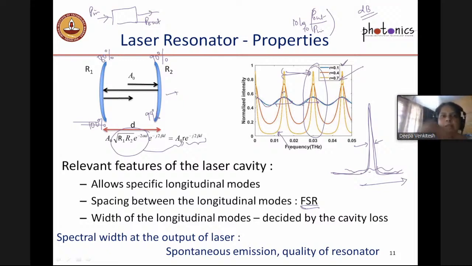Now the Neper is where you can write P out equals P in times e to the power minus 2g times d, where d is the length of whatever that medium is. So this exponent should not have any unit, right? But this distance has a unit of centimeter, so the unit of g, gain or loss, whatever it is, if it is gain it is plus, if it is loss it is minus, should be per meter.